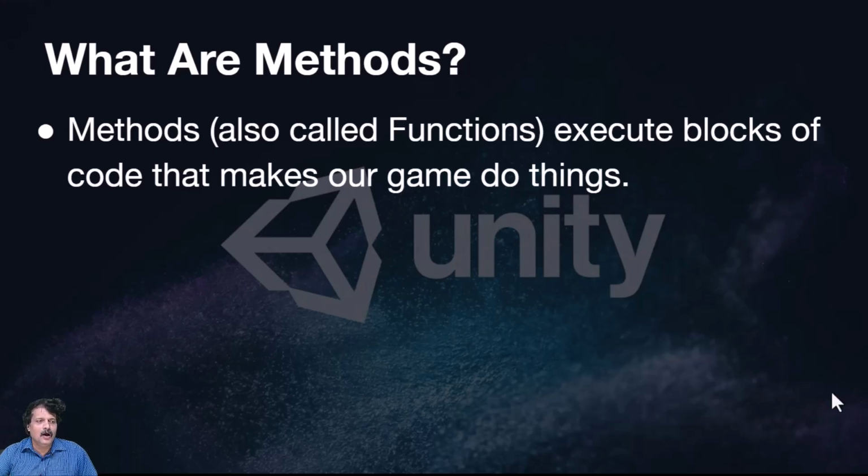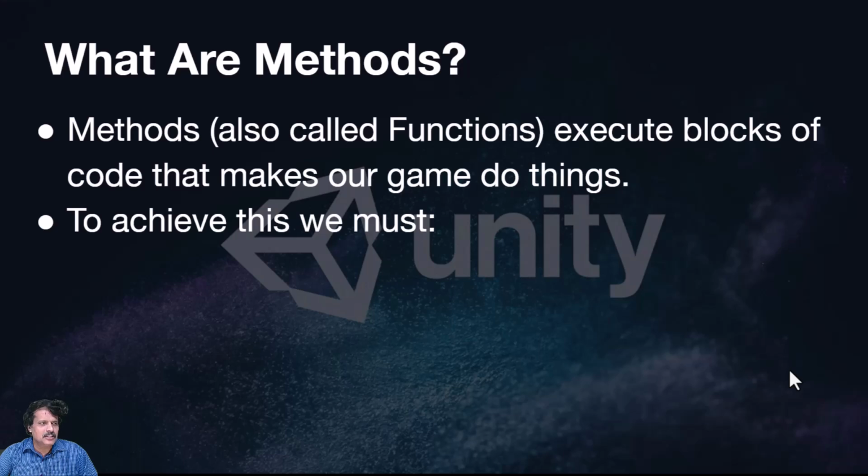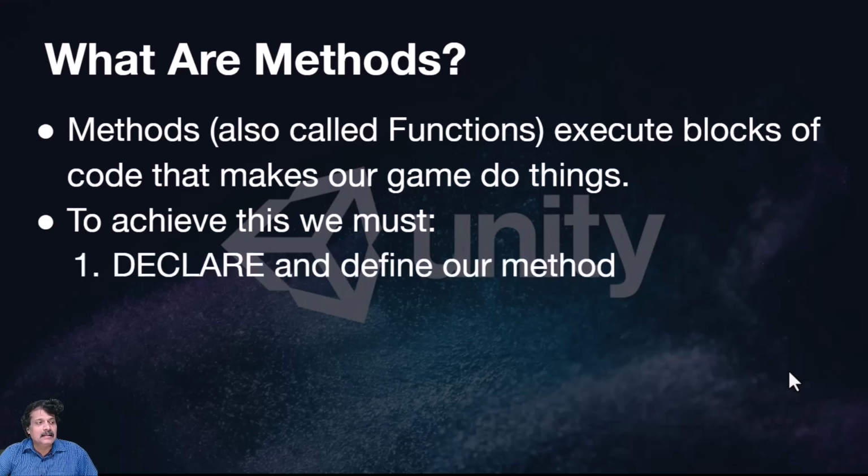Now, to use a method, we must first declare and define it. We have to declare it with a name, just like we declared a variable, and then define it.